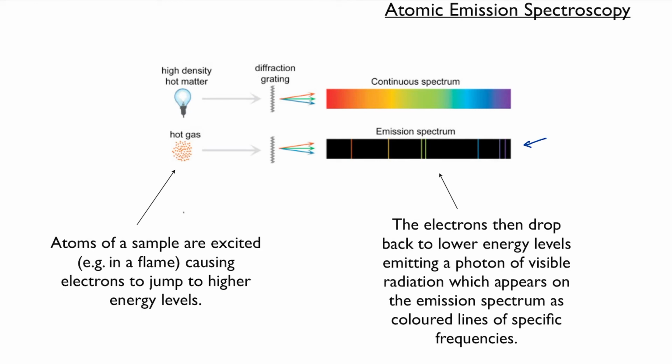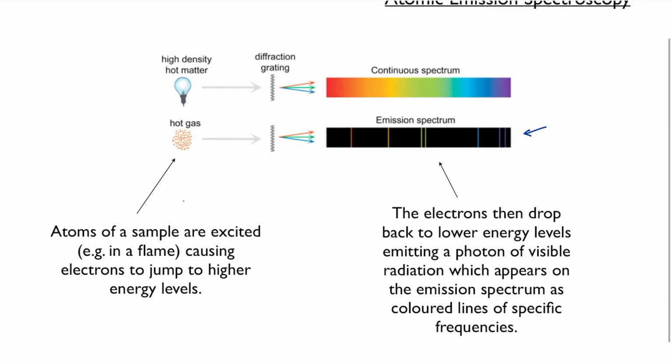Back at GCSE, if you put some potassium nitrate into a flame, you get a nice lilac colour. Strontium gives us a red colour, sodium gives us a yellow colour. These elements are emitting, giving out, specific frequencies of coloured light. And hopefully we'll just be able to reverse the arguments to explain what's going on.